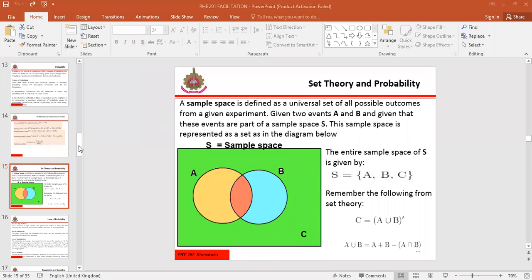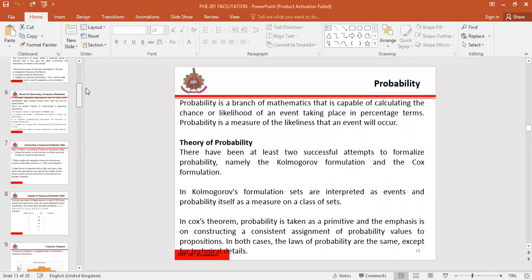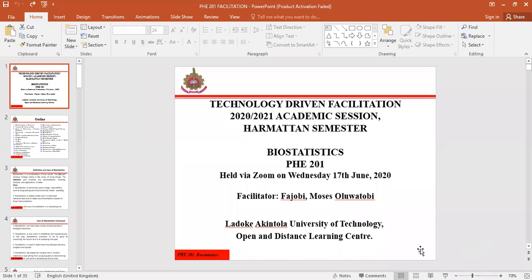have come to the end of this technology-driven facilitation. And I hope at one point or the other, you have really gotten an understanding of the subject matter, which is PhD 201, Biostatistics. On this note, I want to implore you all to go over your study guide, especially the specific places I've mentioned in these slides and in this facilitation.